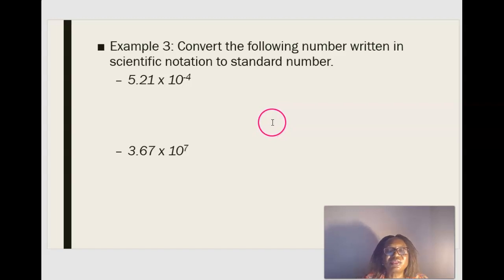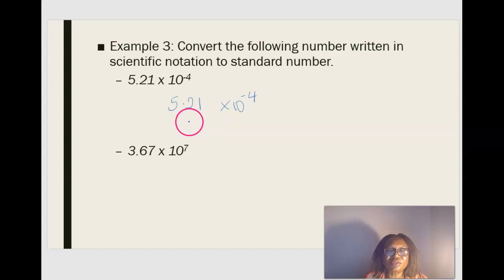This other example is to convert scientific notation to standard numbers. In this case, we have 5.21 times 10 to the minus 4. Before we could convert this number from standard number to scientific notation, if you notice, our decimal point moved to the right. So to get it now to the standard number, the decimal point has to move in the opposite direction.